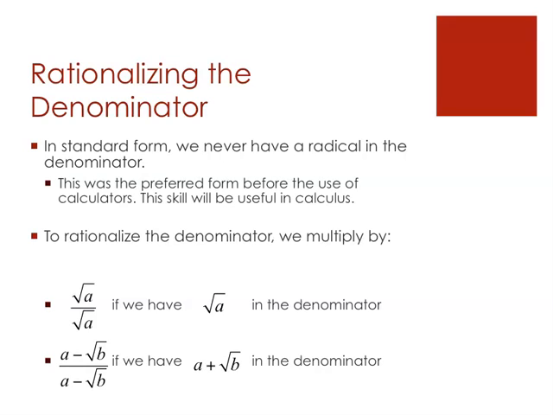Now you'll notice that this hopefully looks similar to what we did when we were working with imaginary numbers, and we were talking about how we get rid of i in the denominator. It was a very similar strategy, right? We would use what we call a complex conjugate that we would multiply by. Here we just call it the conjugate because it's not complex.